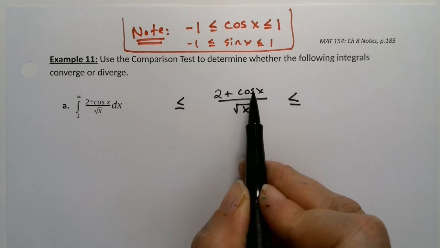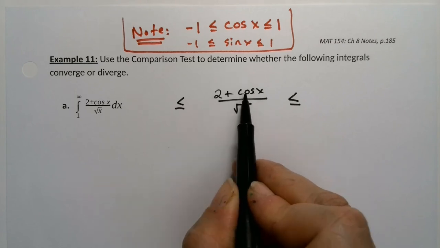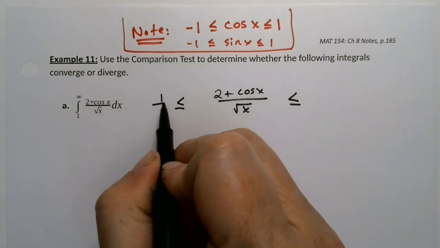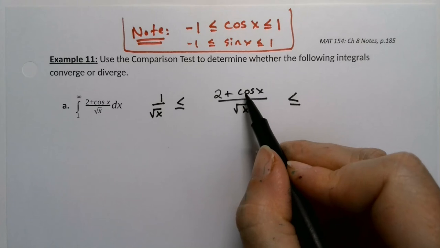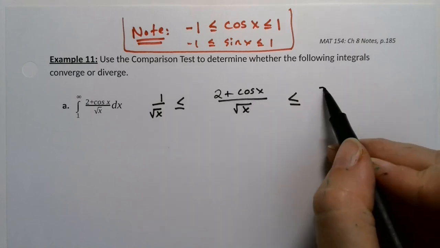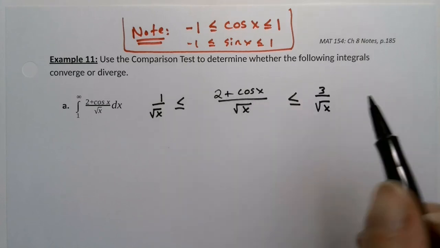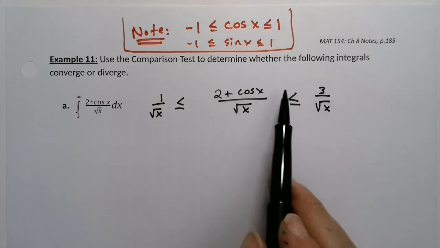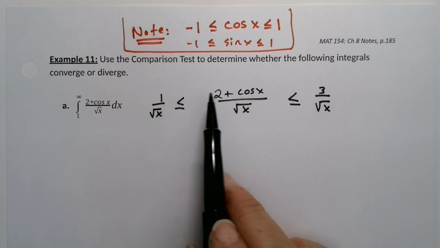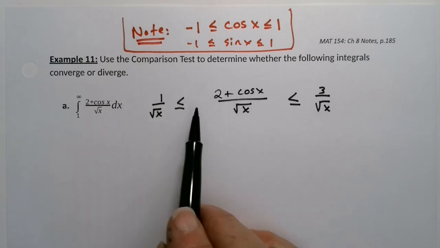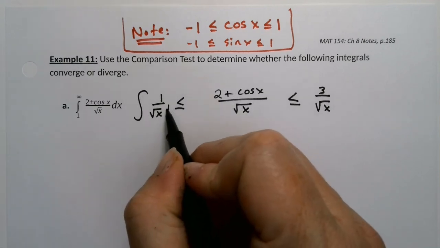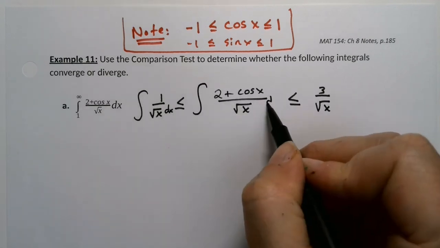If I put in negative 1, that's 2 plus negative 1, which is 1 over the square root of x. And if I put in positive 1, 2 plus 1 is 3 over the square root of x. That's true because cosine is between 1 and negative 1. So that will be fine for me.